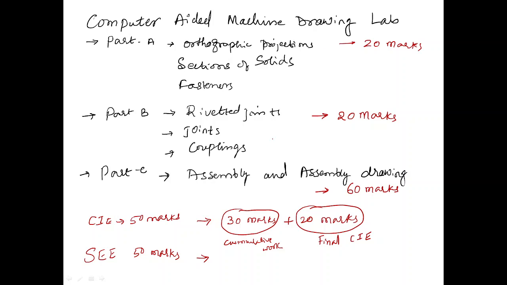Up to riveted joints, fasteners, sections of solids and orthographic projections, you need to carry out all these drawing sheets in drafting mode or in drawing mode.